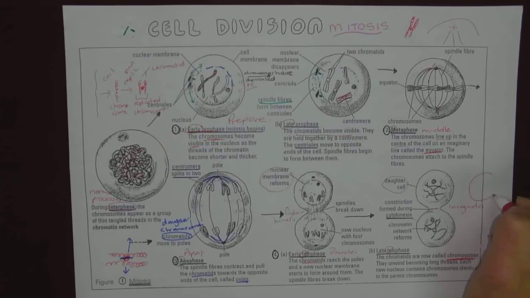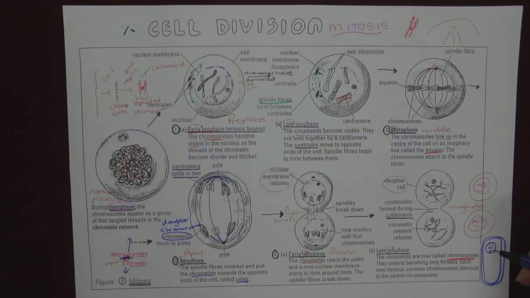So you end up with two daughter cells, and they've each got the same number of chromosomes as the original parental cell. And I did explain on this as well that for plant cells it could be quite a problem because they are surrounded by a cellulose cell wall. So there's the cellulose cell wall. What happens here?